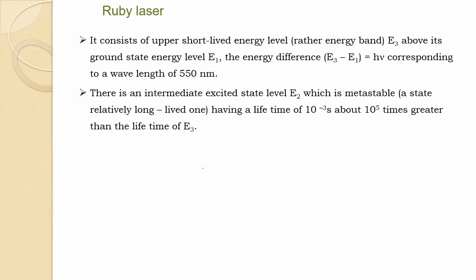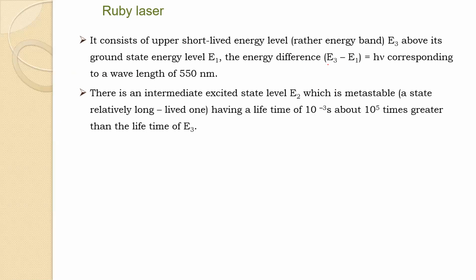So it is about the energy levels. Ruby laser is a three level energy system. The lower energy E1, then the middle energy E2, which is a metastable state, and E3 is the higher energy.